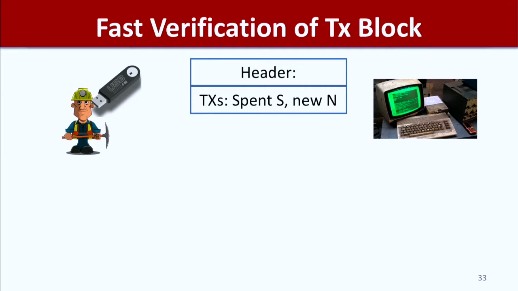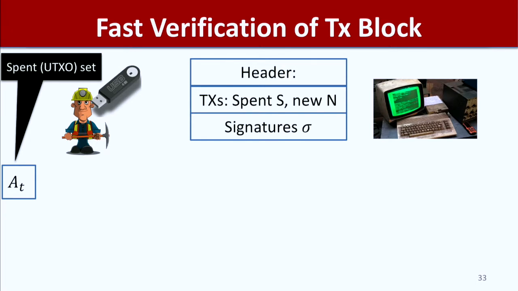So we'll call this a set S of basically consumed coins and a set N of coins that are newly created. And then there will be some signatures because Bitcoin also involves, of course, signing of transactions to authorize the transaction. But the important new thing that we're going to add is the miners are just storing an accumulator state in place of remembering the set of unspent transaction outputs.